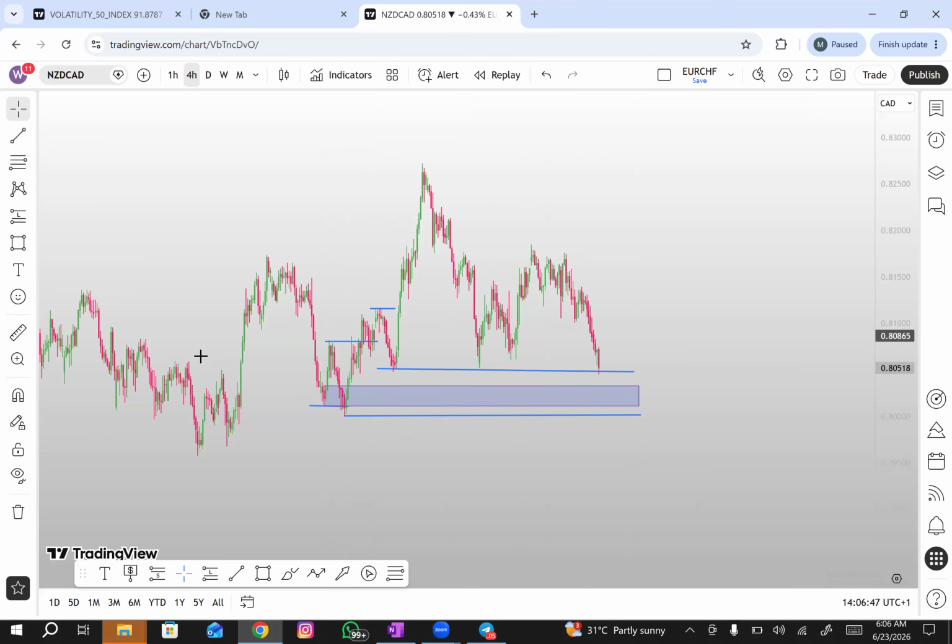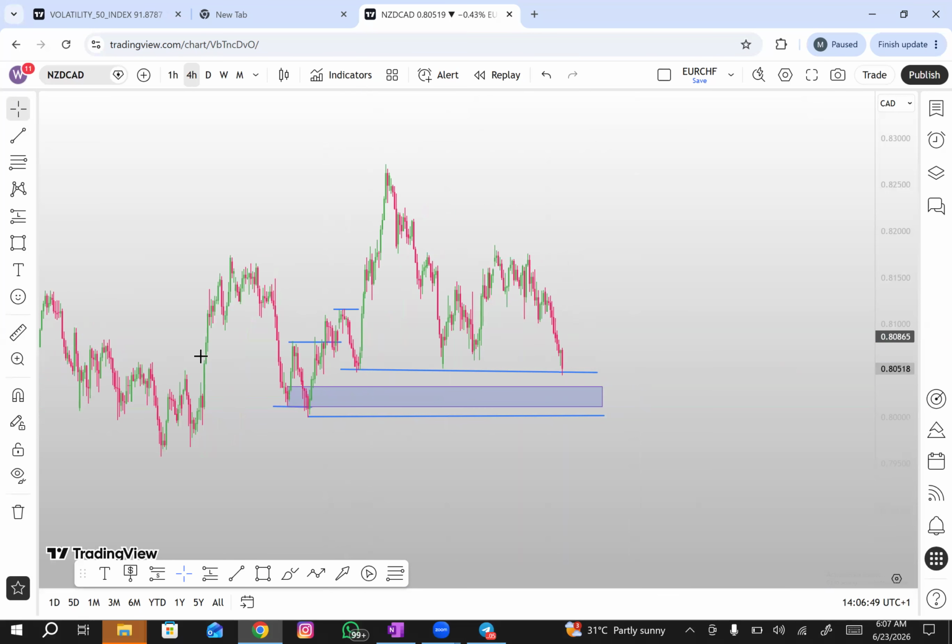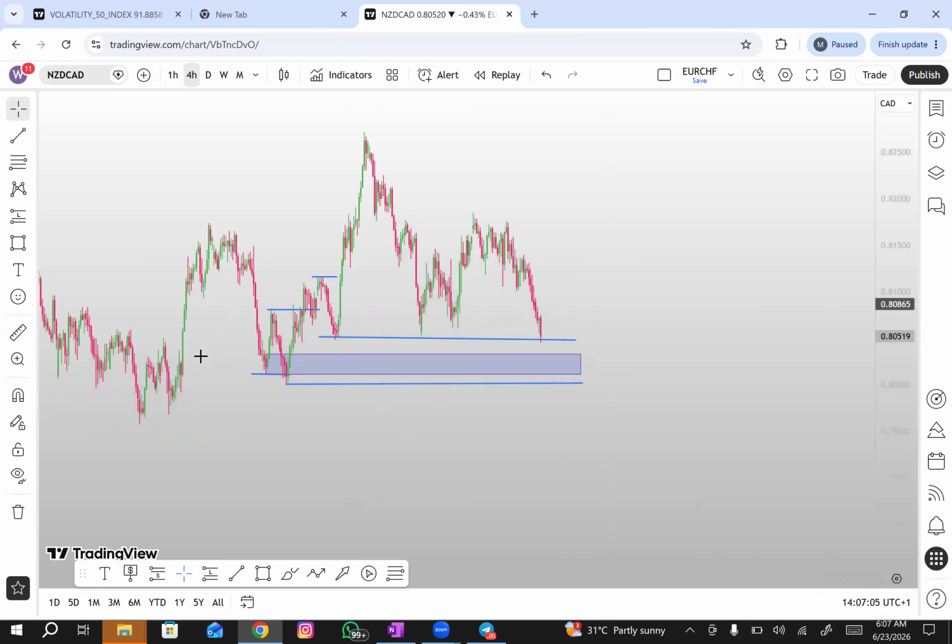That is our point of interest. So what are we expecting price to do? Price will come into this POI and then buy from there. You see, this is a live trade. I'm currently waiting for this to trigger, and then I enter the market right from here.